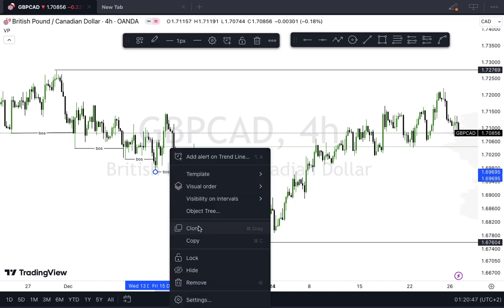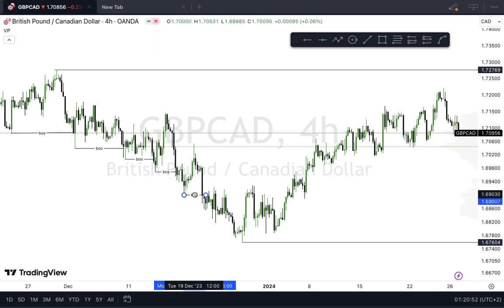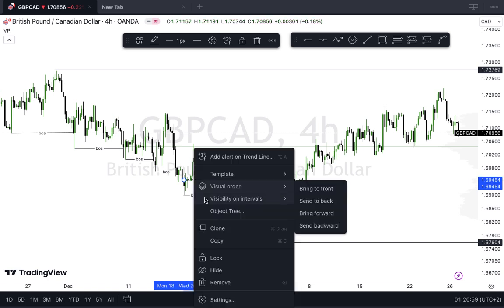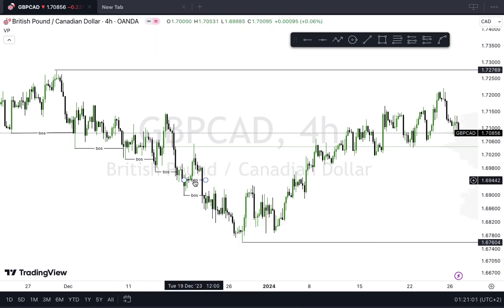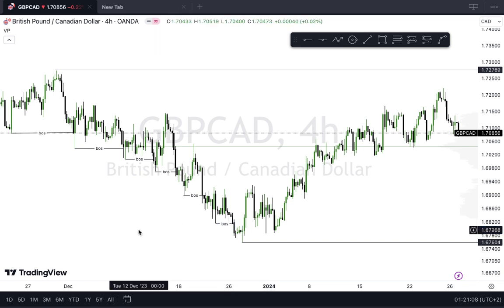So the market was in a downtrend. It continued breaking structures to the downside, and then from here we had our last BOS exactly here, and then from there, that's where we had our low.